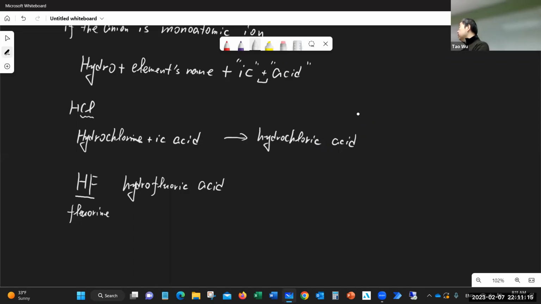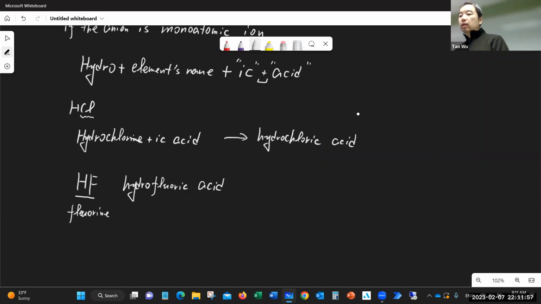HF can dissolve a lot of silicon-related materials. Soil, rocks and glass are mostly made of silicon; glass is silicon dioxide. So when we hold HF, you have to use plastic containers. Very, very corrosive.